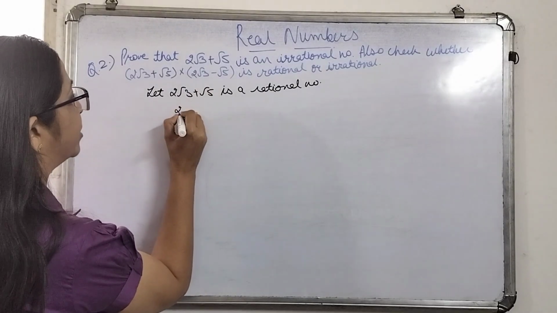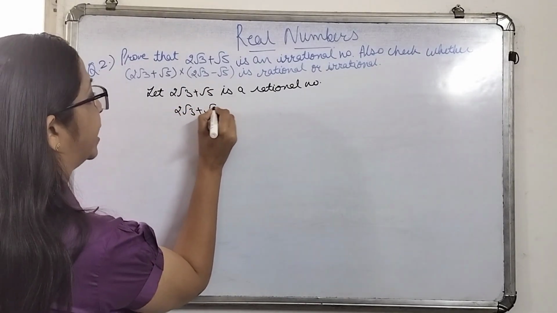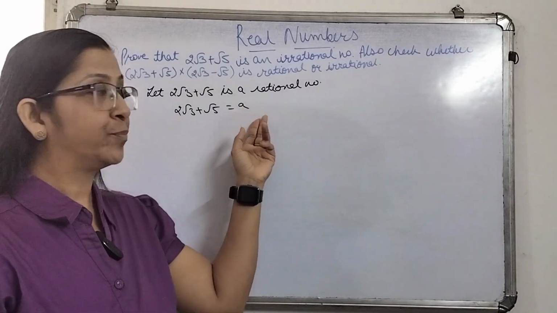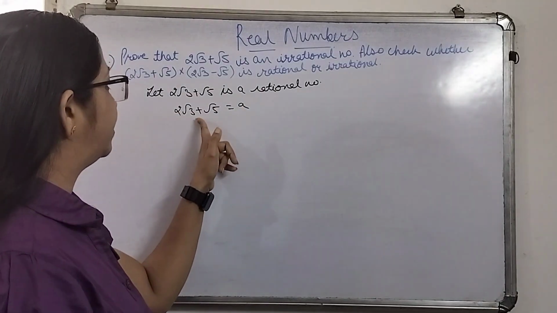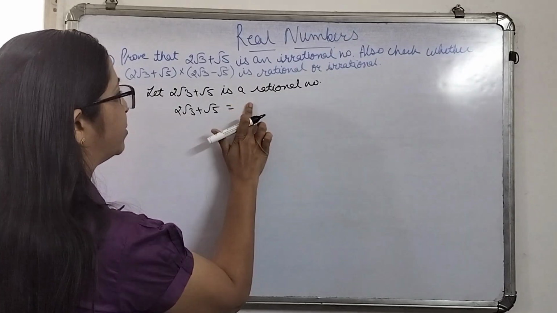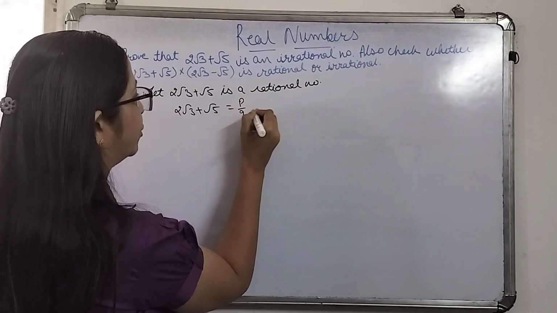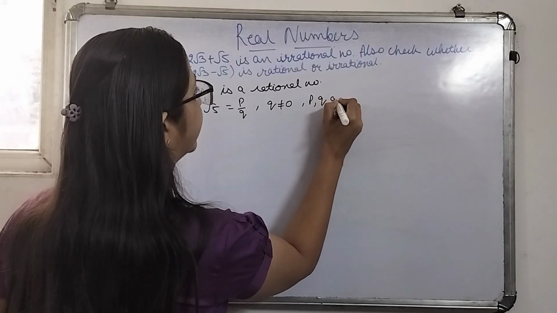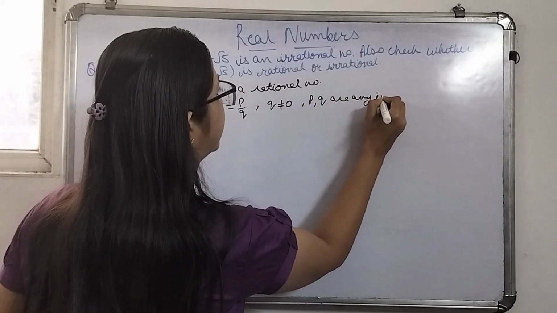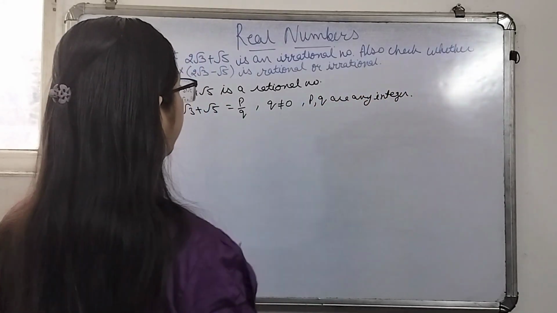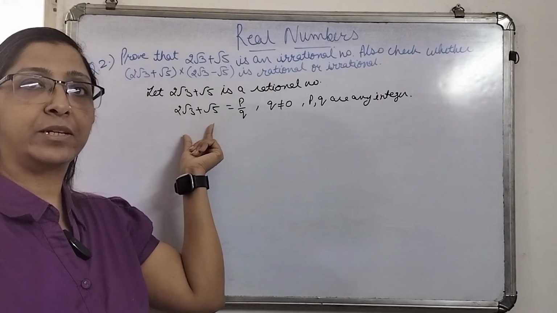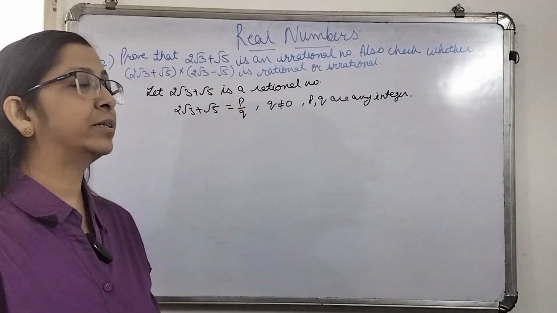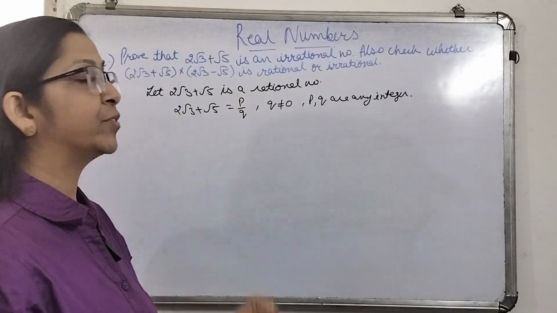Either we can assume it to be equal to A, a rational number, or we can take it as P upon Q. So we take 2 root 3 plus root 5 equal to P upon Q, where Q is not equal to 0 and P and Q are integers. That means it is a rational number that we are assuming, and if it is a rational number, it can be represented in the form P upon Q.